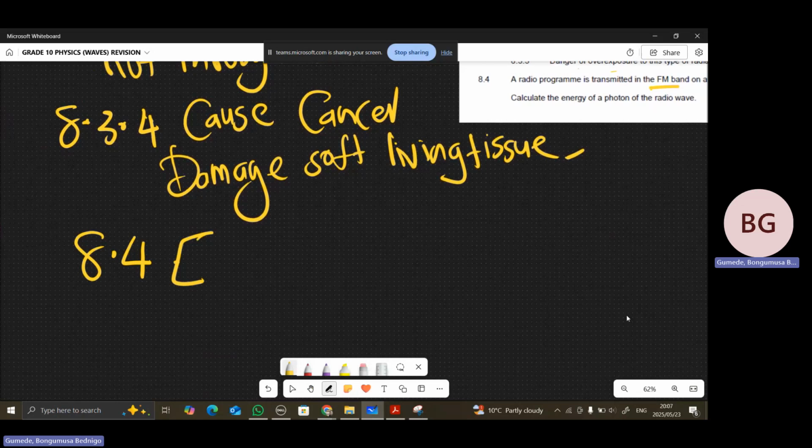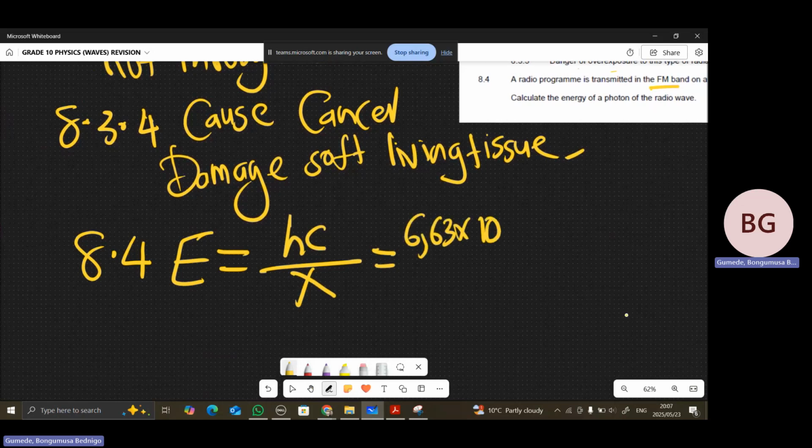So we know that the energy of a photon is equal to hc over lambda. 6,63 times 10 to the power negative 34, and the speed of light, which is c, 3 times 10 to the power 8, and we were given 3 meters.